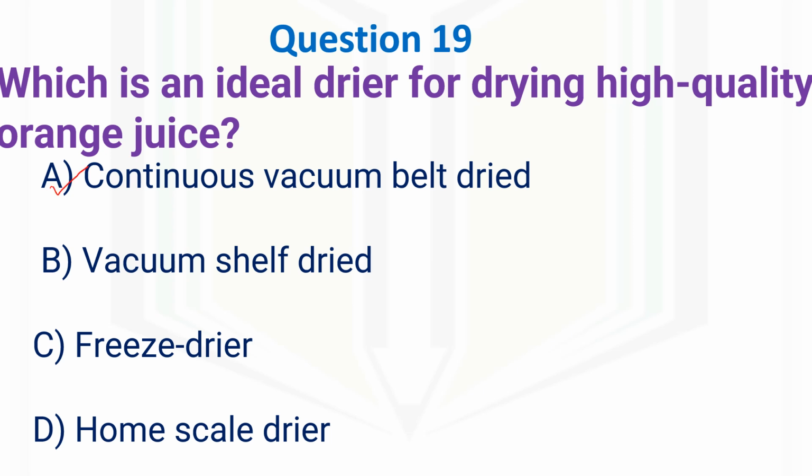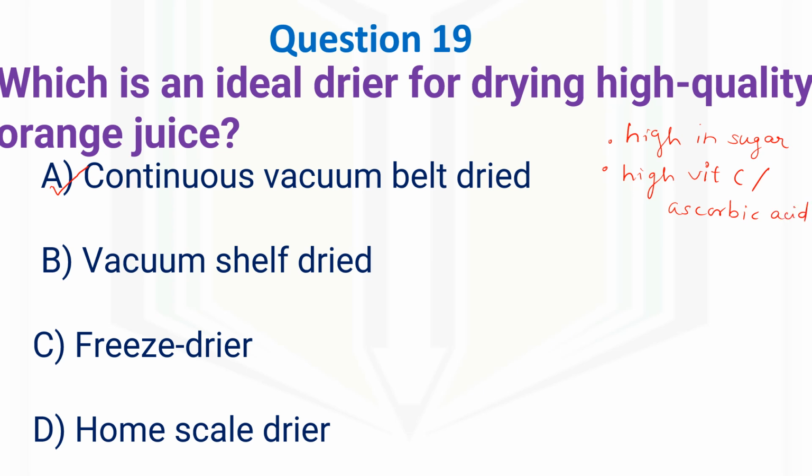So fruit juices, especially any type of fruit juice, will be high in sugar, and especially in the case of orange juice, it will be high in vitamin C, or ascorbic acid.